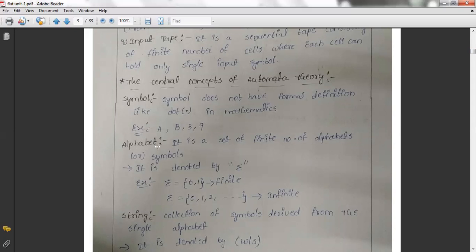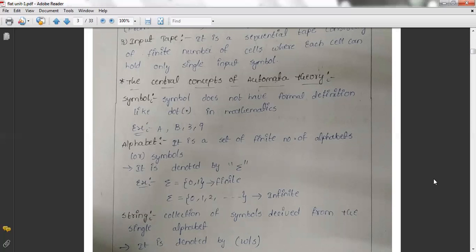So sigma is equal to 0, comma 1 means it is a finite number of symbols; it consists of only 0 and 1. Suppose you have sigma equal to 0, 1, 2 and so on, it consists of infinite symbols, and we don't know how many; you can have any number of symbols. But in finite automata, we are going to mention a finite number of symbols, so sigma is equal to 0, comma 1.